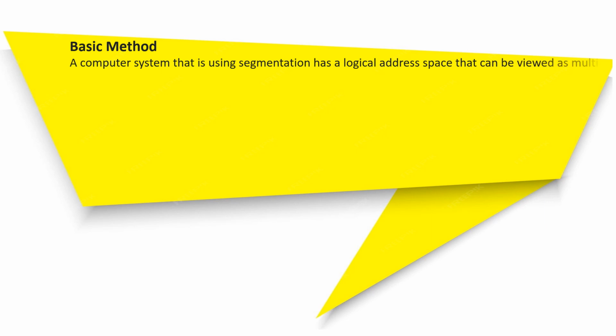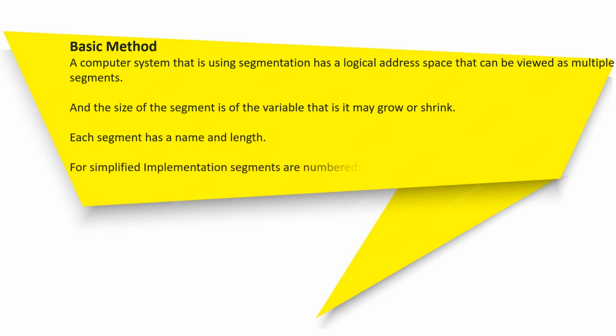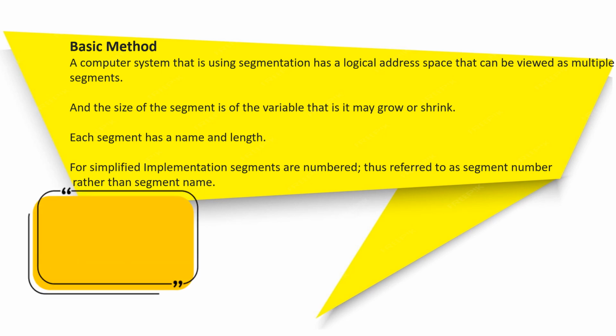Now we can move to the basic method of segmentation. A computer system using segmentation has a logical address space that can be viewed as multiple segments. The size of a segment is variable and may grow or shrink. Each segment has a name and length. For simplified implementation, the segments are numbered, and thus referred to by segment number rather than segment name.